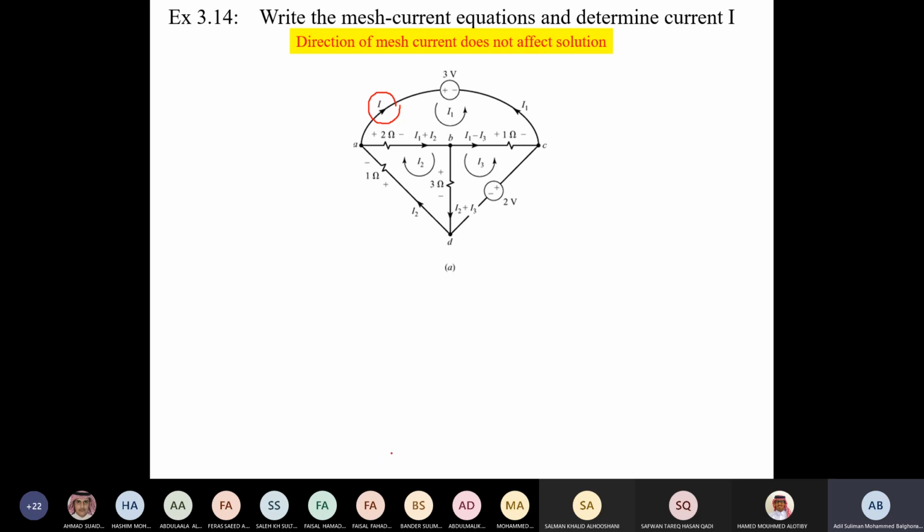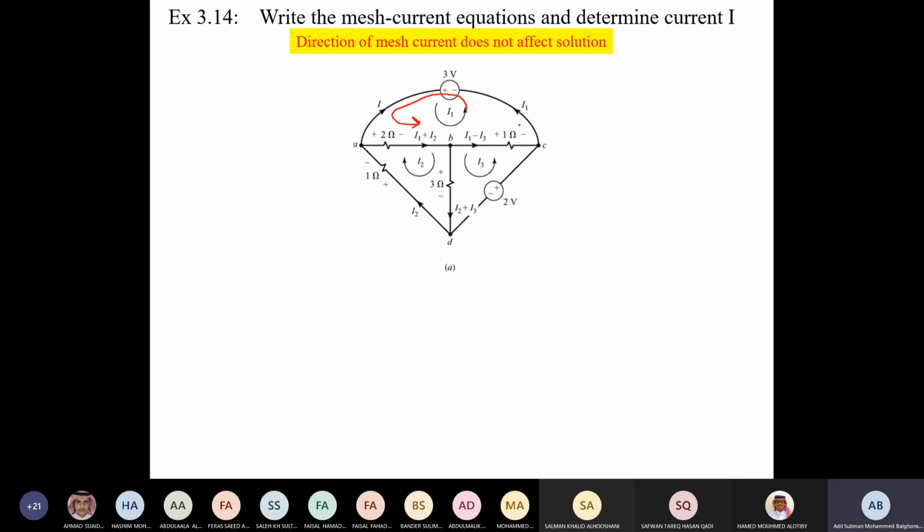Let's see. If you have a choice, avoid this. Why? Because you can also make a mistake. Let's try it. So we come over here to the first one, and we have the mesh current coming like this, continuing circulating like this.